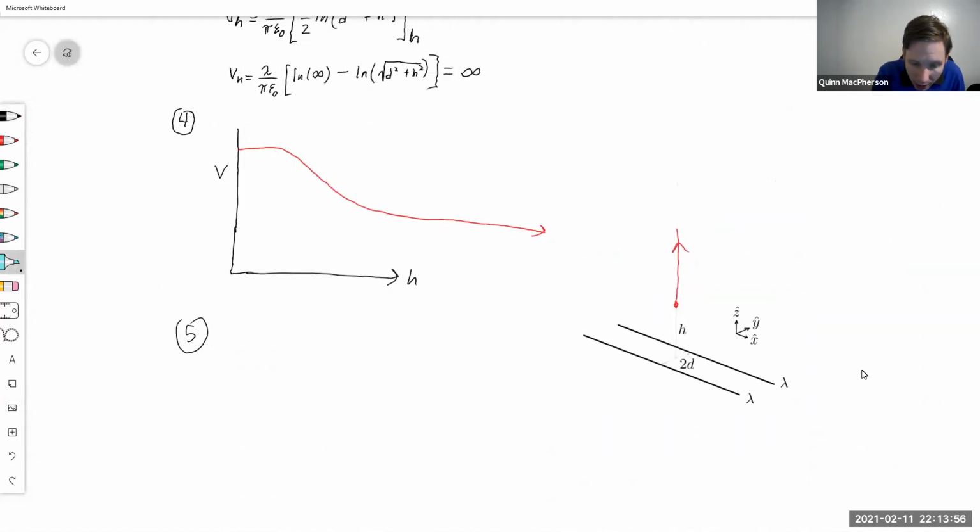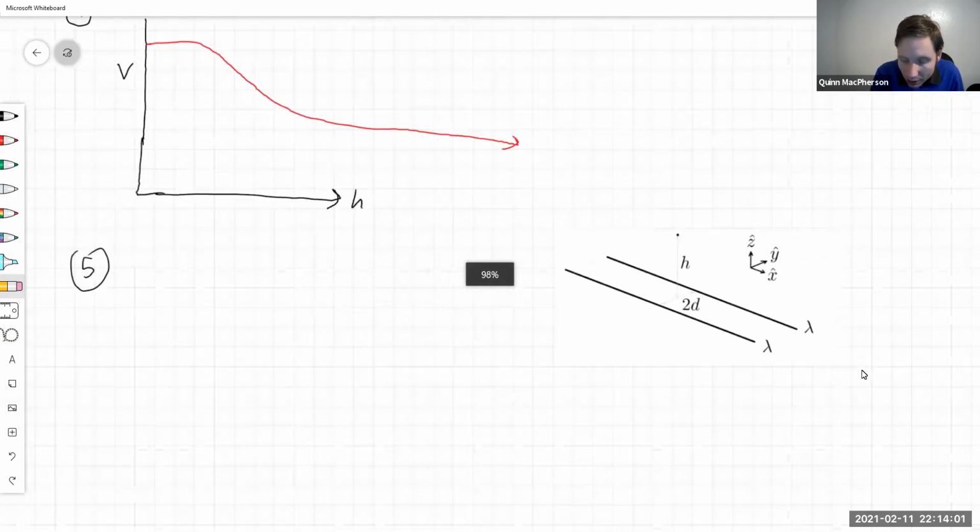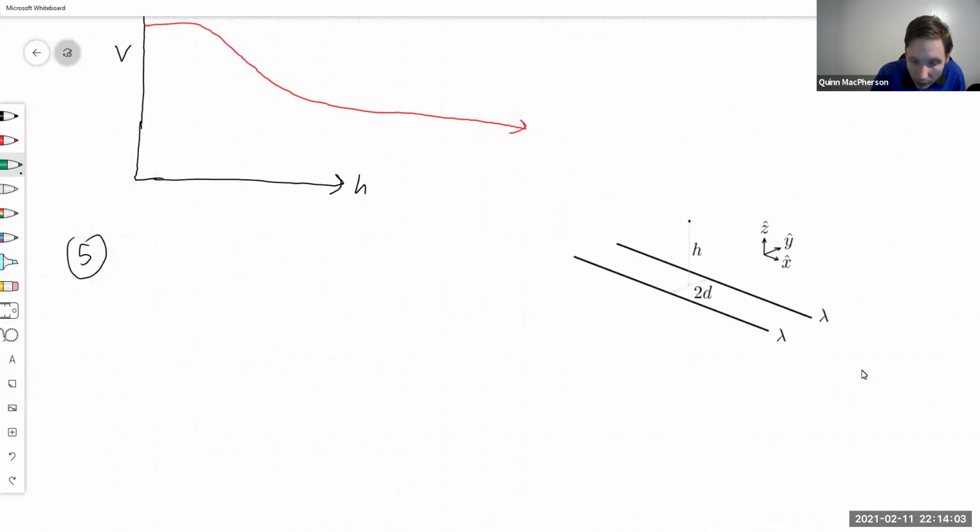In particular, we're going to add up the potential due to a bunch of little dx segments.